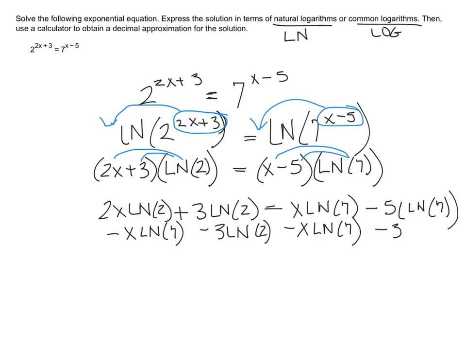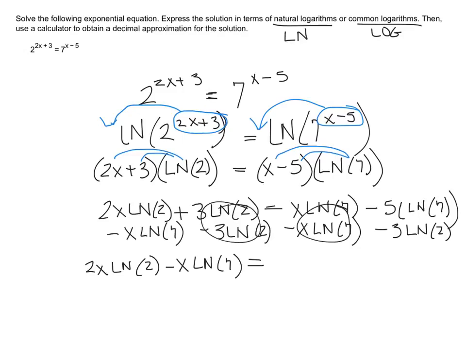That allows me to bring all of the x's on the left and all the numbers on the right. So I'm left with 2x ln 2 minus x ln of 7, and that equals a negative 5 times ln of 7 minus 3 times ln of 2.